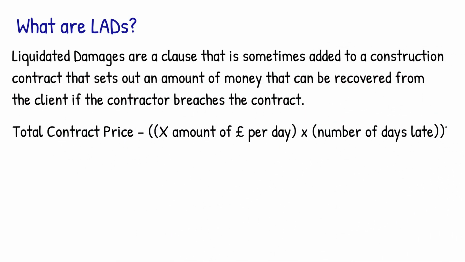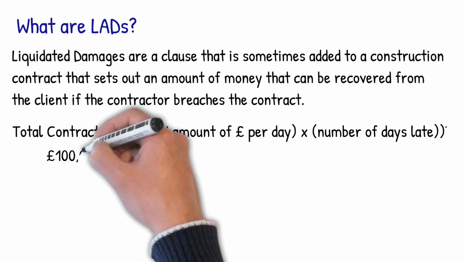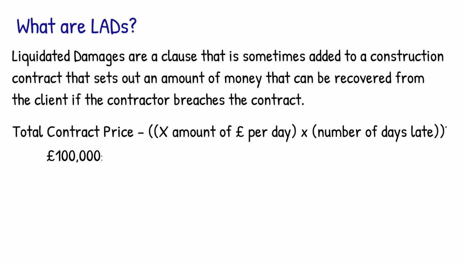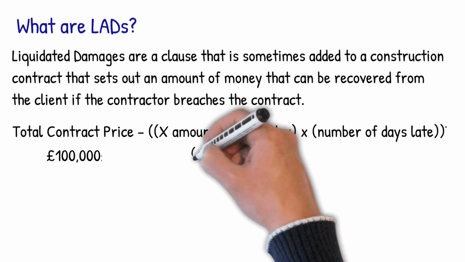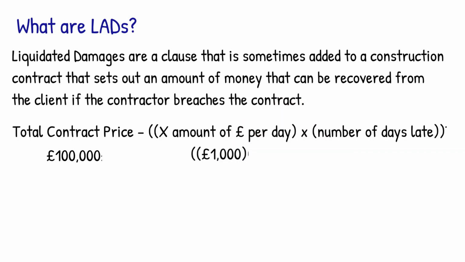For example, the employer and contractor enter into a contract worth £100,000 for the contractor to build the employer a new car park. The liquidated damages figure has been calculated based on the employer's potential loss in profits if the car park should not open on the agreed date. This figure is £1,000 per day.